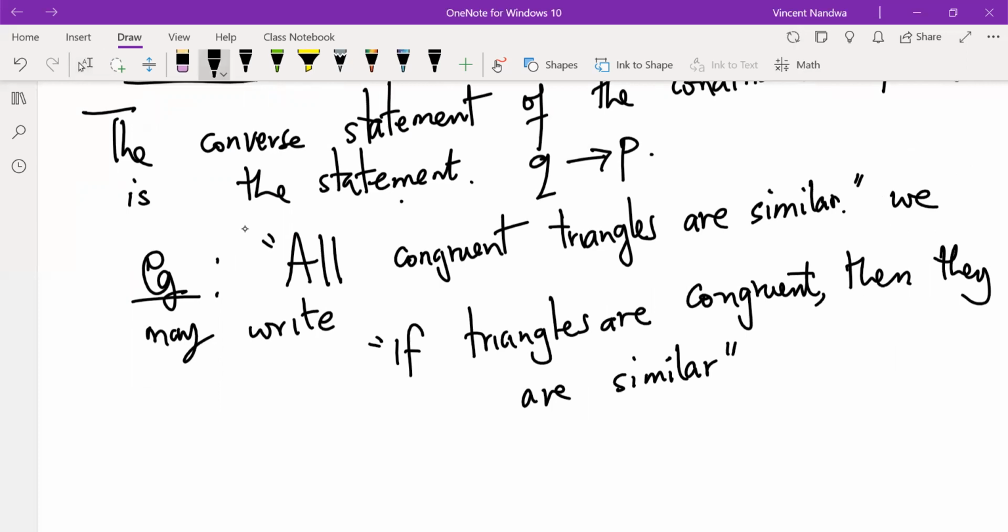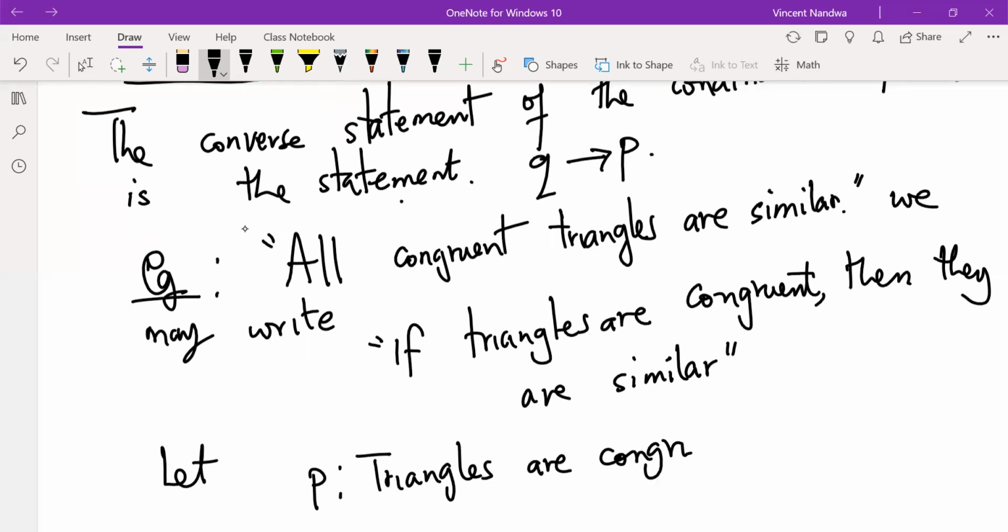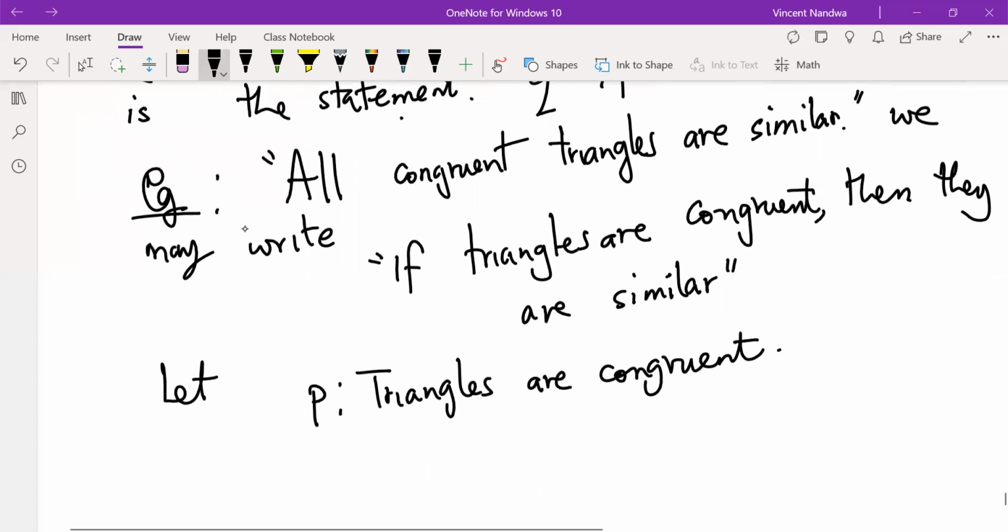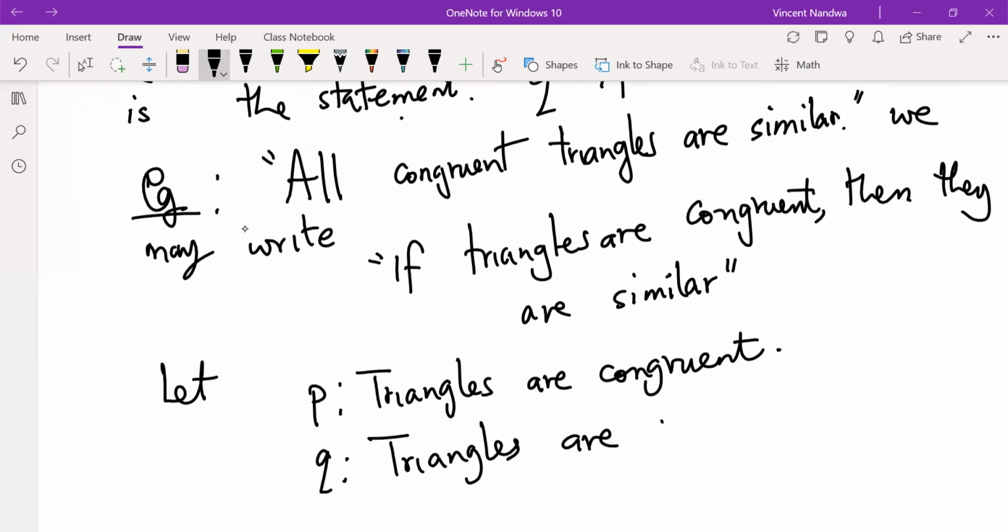So from this one, we can say let P be the statement triangles are congruent, and then Q, triangles are similar.